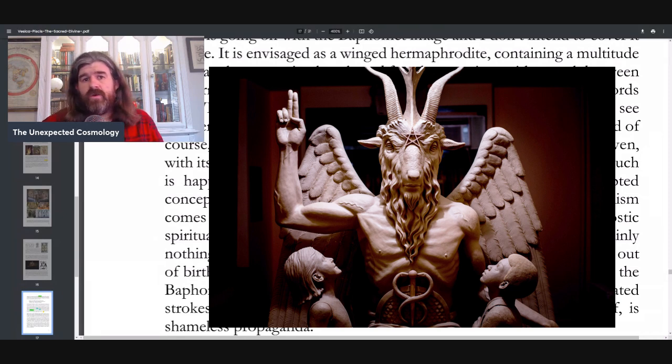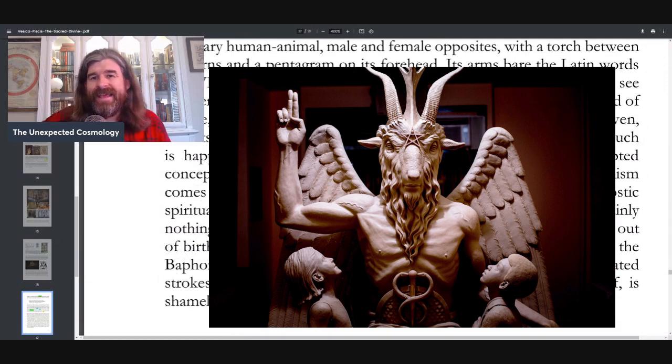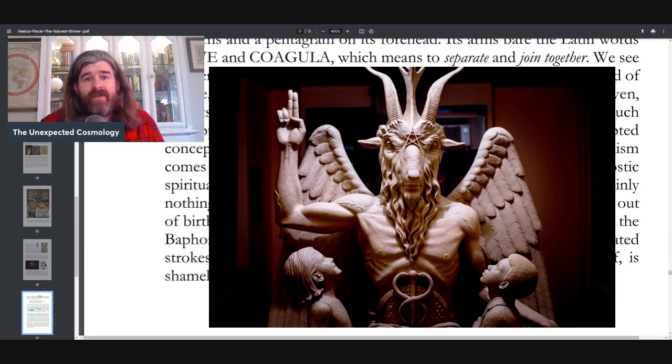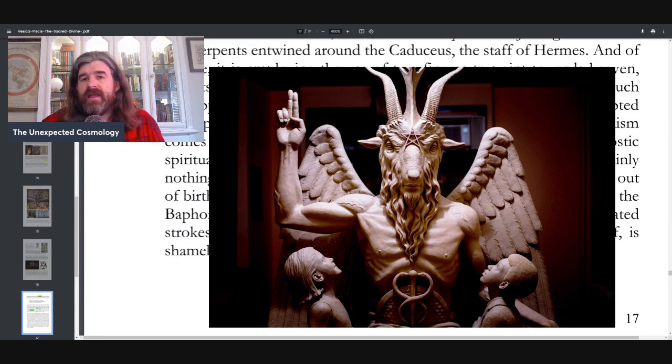Certainly nothing original, void of all nutritional value, but the boring blowing out of birthday candles and dead end worship of the self. The offense in the Baphomet image isn't simply in its intellectual theft, but its oversaturated strokes of malpractice. The entire image, including the name itself, is shameless propaganda.